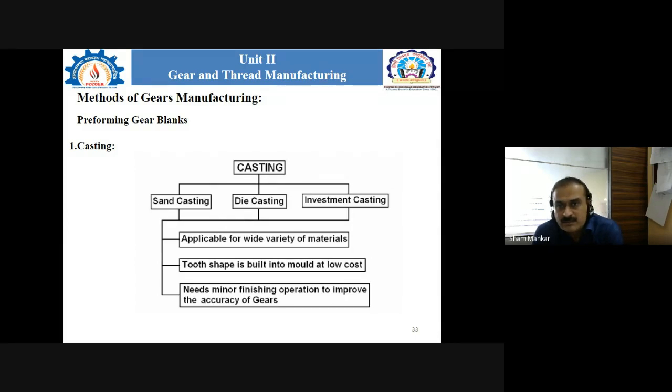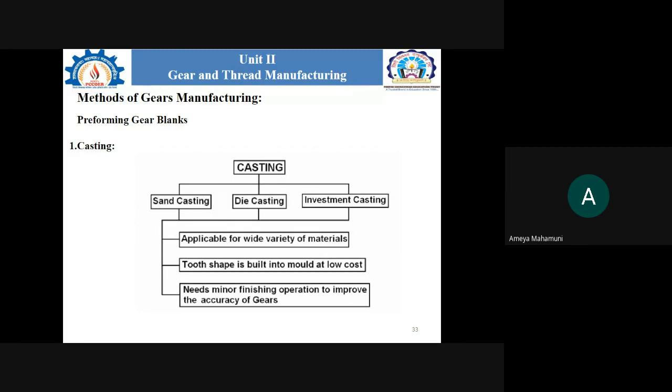I think you all are familiar with the casting process. Do you have any idea about the casting process? Anyone? Amaya, can you let me know what is meant by the casting process? Simply sand casting. So basically, we make a mold, and let us consider a tub.